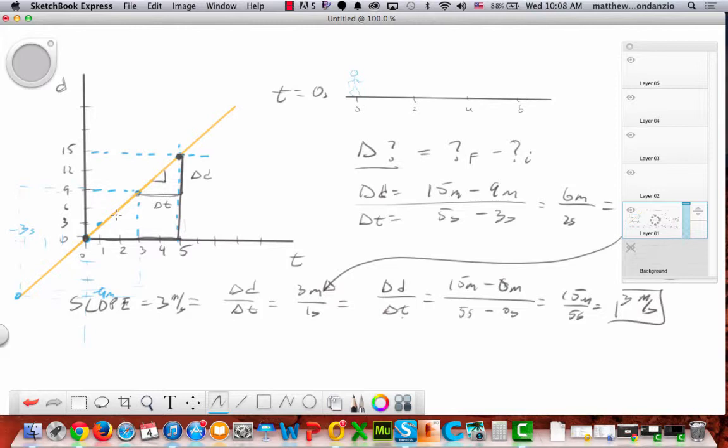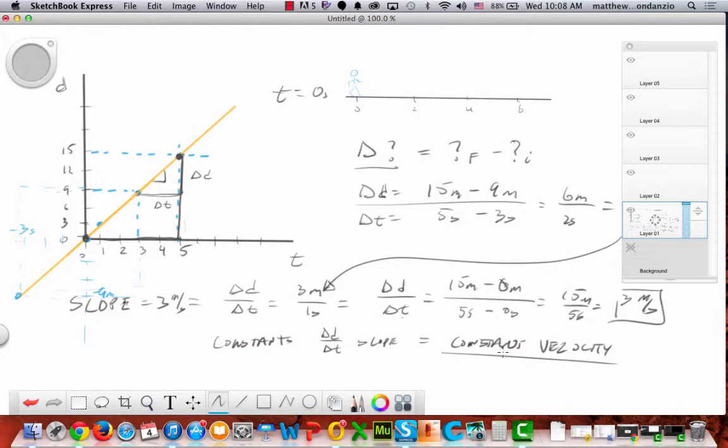Okay? Which means that anything with a constant slope, constant delta distance over delta time slope, means we have a constant velocity.